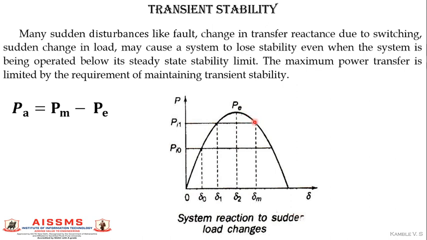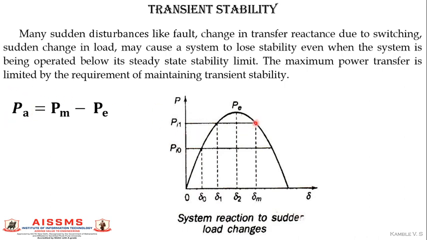mechanical power, and after this point the electrical power goes on decreasing, that is, electrical power becomes less than the mechanical power after this point. After this point, mechanical power is greater than the electrical output, so PA has a positive value.